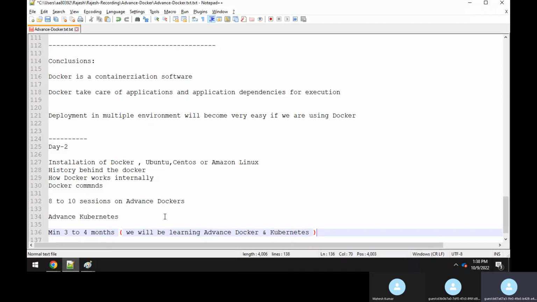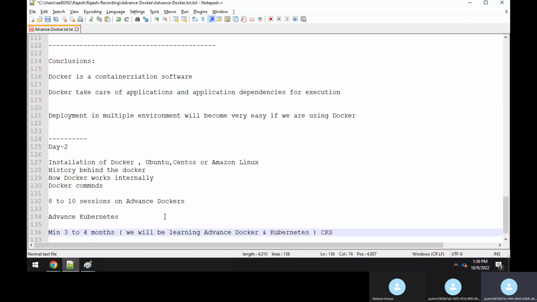My plan is that whatever is in the CKS, the Certified Kubernetes Security Administrator certification, which we will do, I would be covering in my advanced Kubernetes topics. That's what I am planning. So for the next 3 to 4 months, we will be heavily learning both these tools, Docker and Kubernetes.